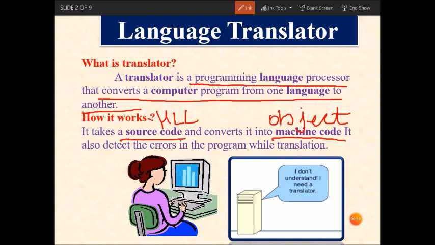Here you can see in the given diagram that a user is giving the instructions in high level language, but computer does not understand this code because computer understands only low level language. So computer needs a translator. Okay.